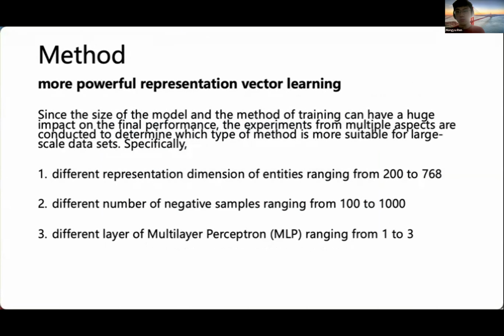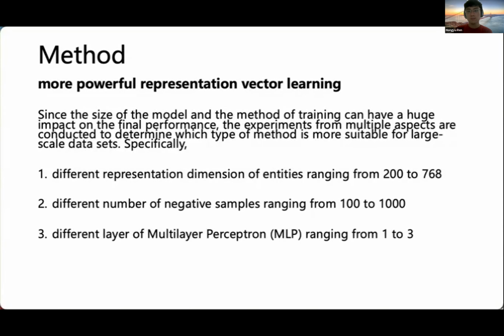Our method consists of the following 3 aspects. The first one is more powerful representation vector learning. The second is the complementarity between different models. And the last one is statistical analysis based on the dataset.